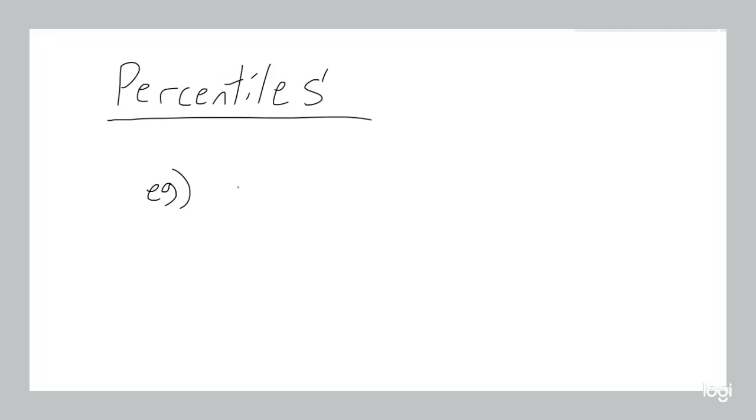Let's say this is scores in some game, and it looks like this. Let's say you can score between 1 and 10, and a certain number of people played it. We have 1, 2, 3, 4, 5, 6, 7, 8, 9 people, right?